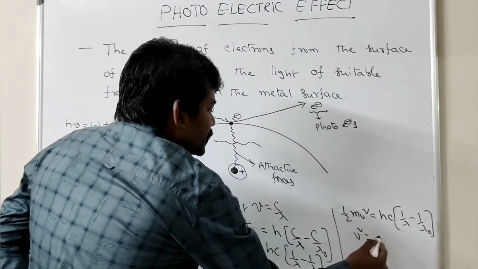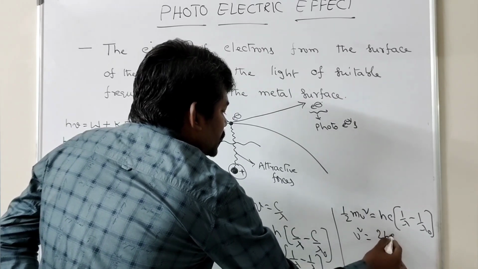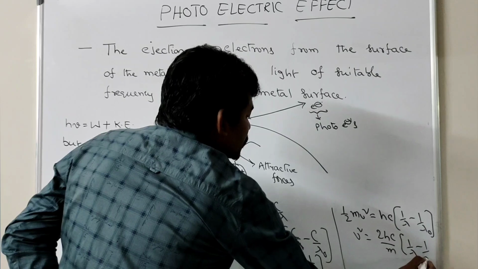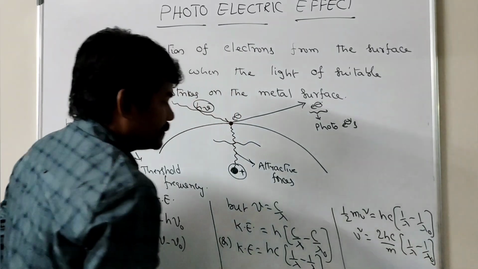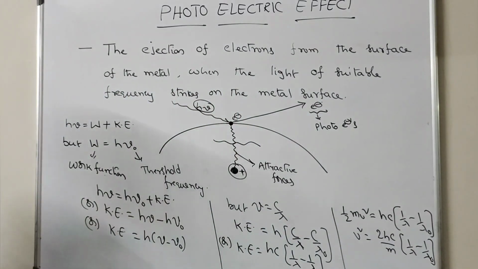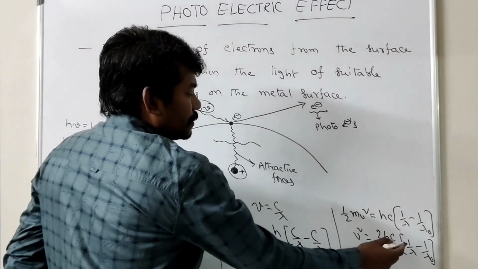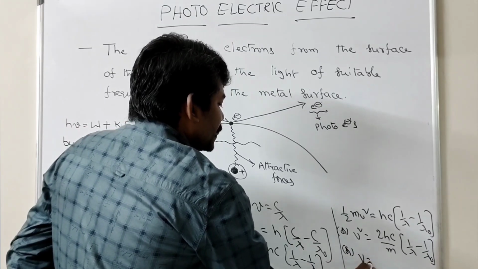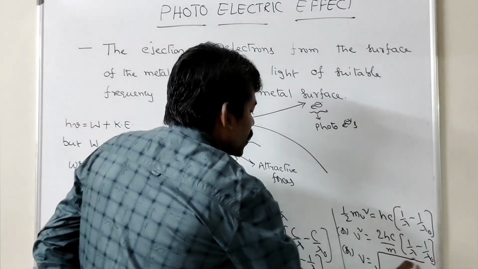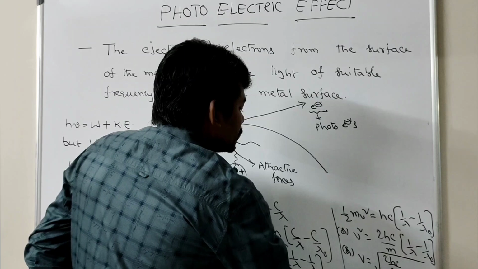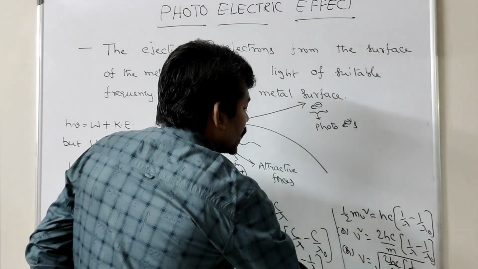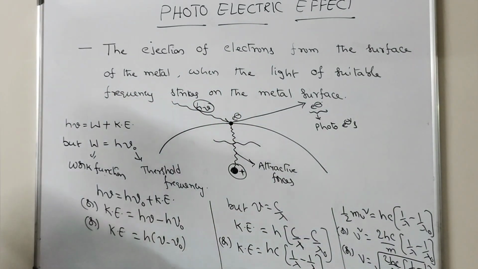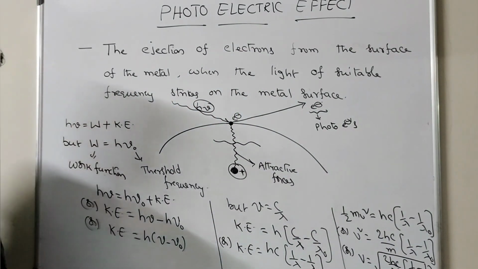V square is equal to 2 hc by m into 1 by lambda minus 1 by lambda naught, or velocity V is equal to square root of 2 hc by m into 1 by lambda minus 1 by lambda naught.